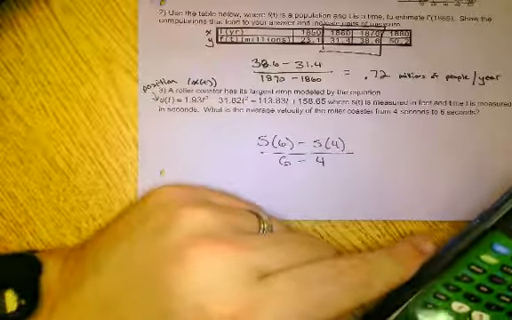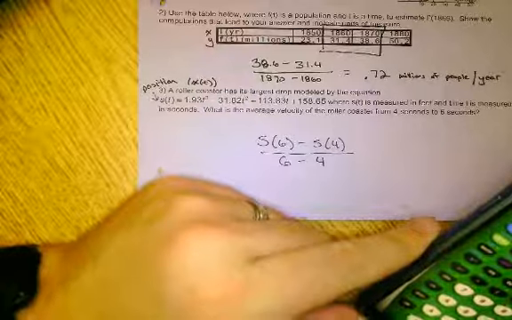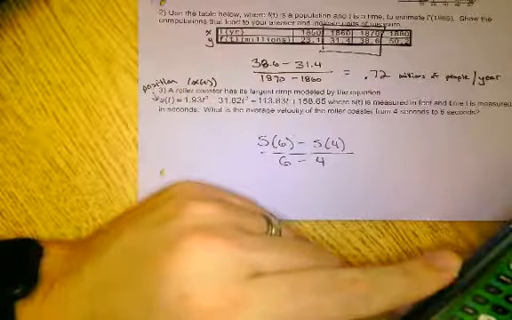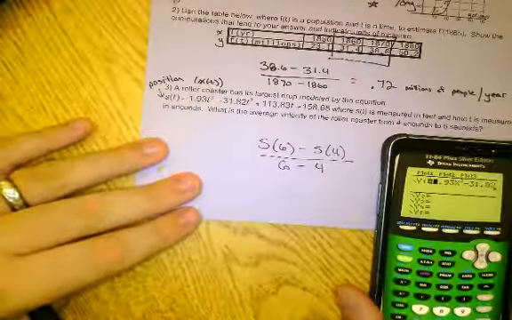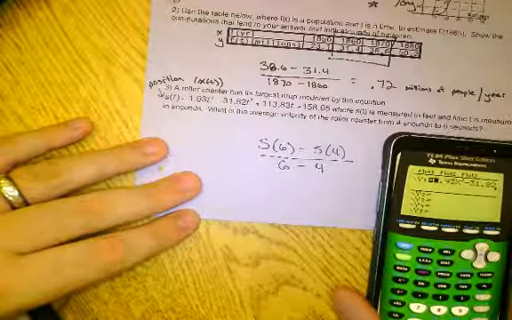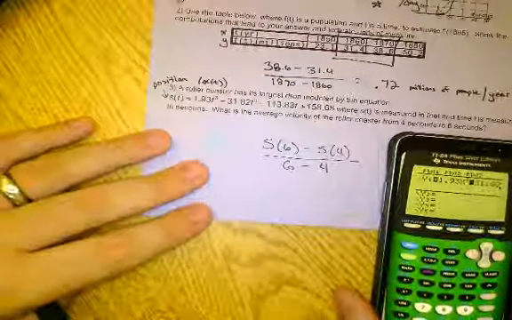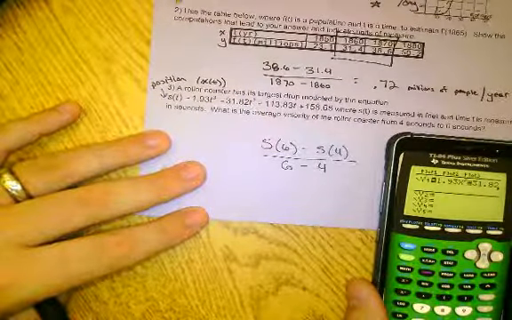Good class, negative 12. 2 to the negative 3, that's not negative 8. It's 1 over 8. So I have 1 over 8 times 6 fifths, which is 6 40ths, 3 20ths, minus 4. So this is going to give me negative 16 minus 3 over 20.